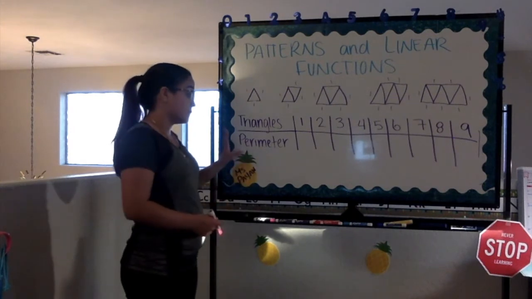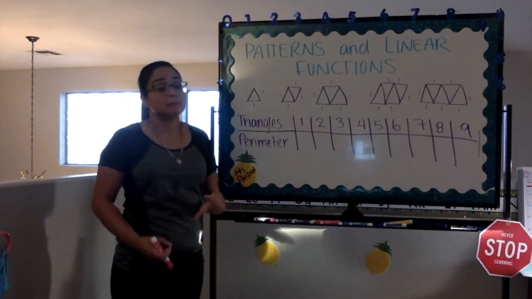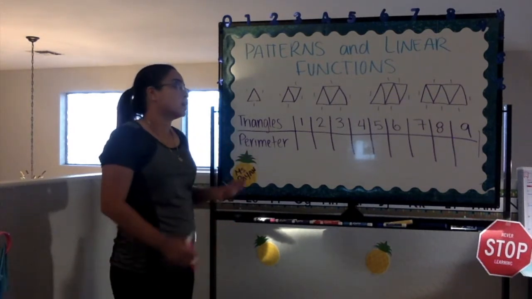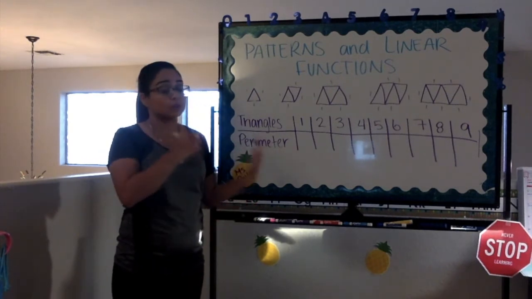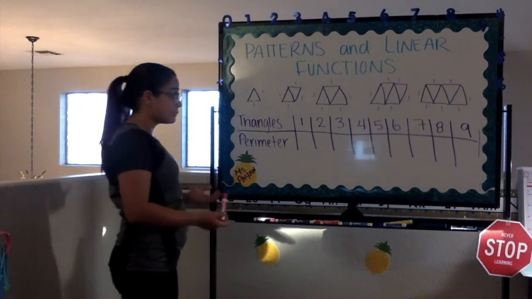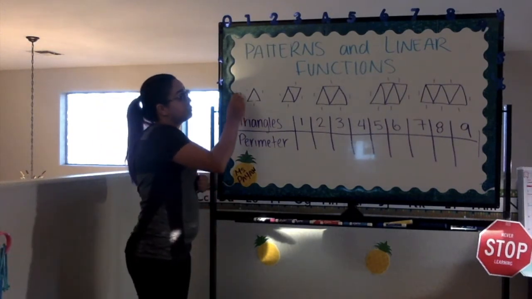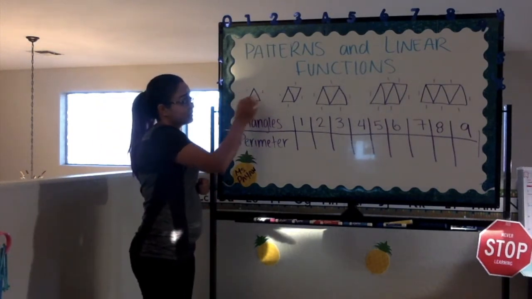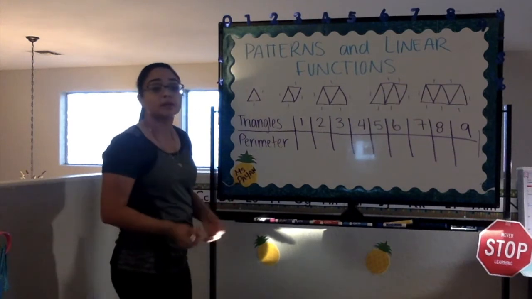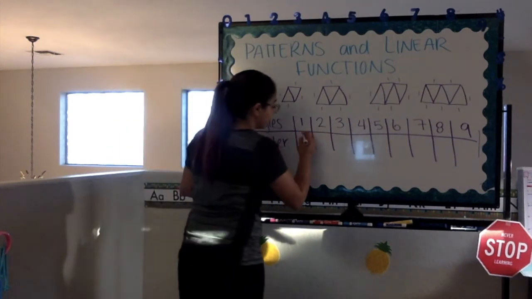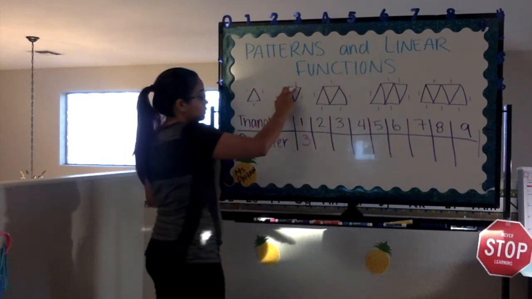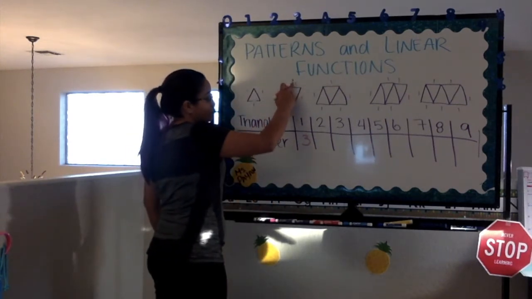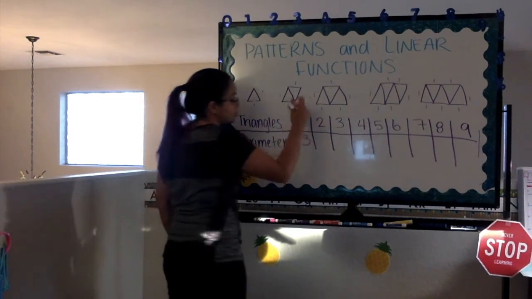However, the perimeter is going to be our dependent variable because our perimeter is going to depend on how many triangles we have. So for example, for one triangle, we have 3 sides, which gives us a perimeter of 3. For 2 triangles, we have a perimeter of 1, 2, 3, 4.